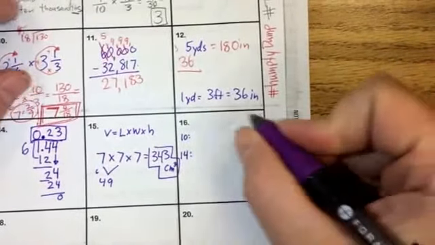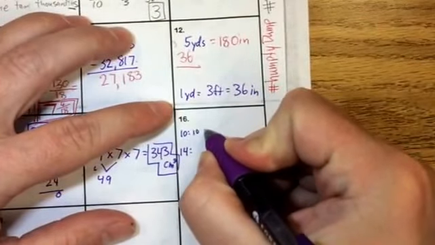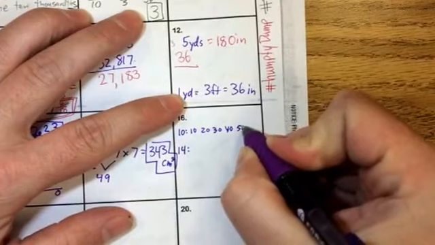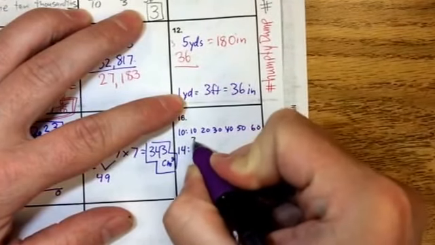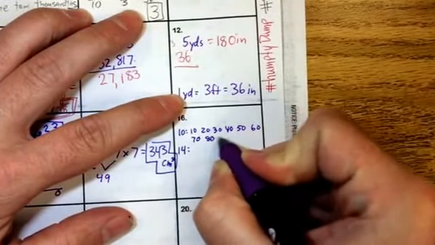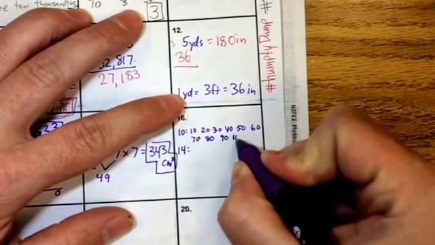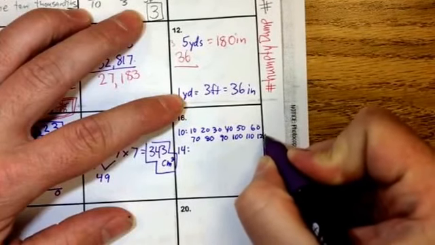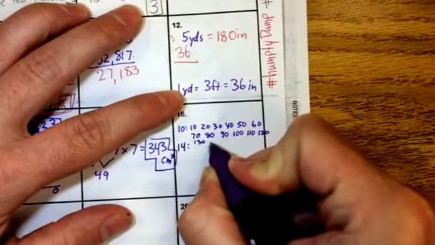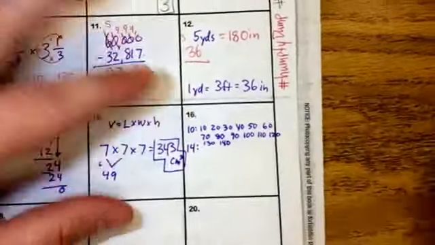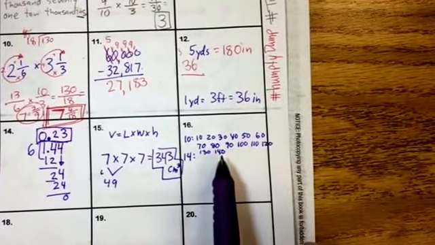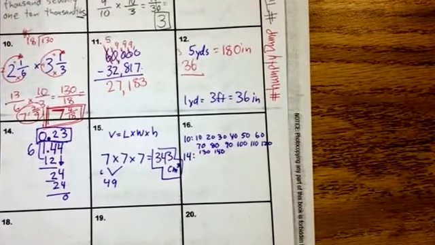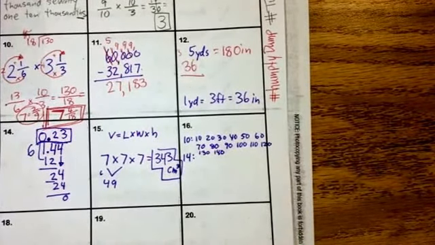So my multiples of 10, I start off, I've got 10, 20, 30, 40, 50, 60, 70, 80, 90, 100, 110, 120, 130, 140. I stopped at 140 because I know that I'm going to have 140 in common with 10 and 14, but I'm not sure if I'm going to have anything else, so I went all the way up to 140 just to see.